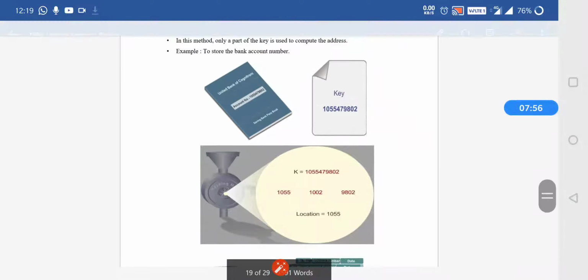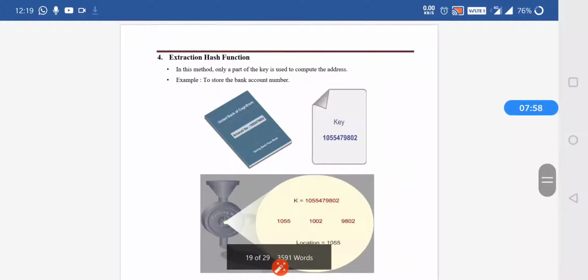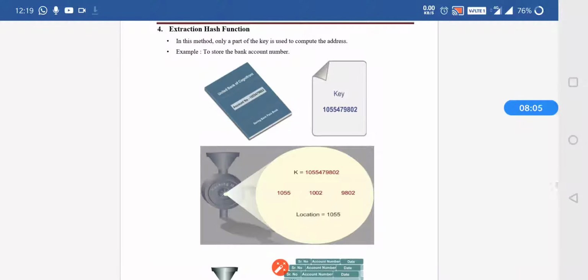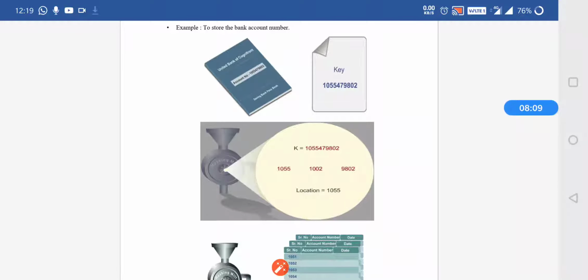That is our extraction hash function. So whatever key we have, we extract a few elements from it, and at that location we store the particular value of our sorted array.